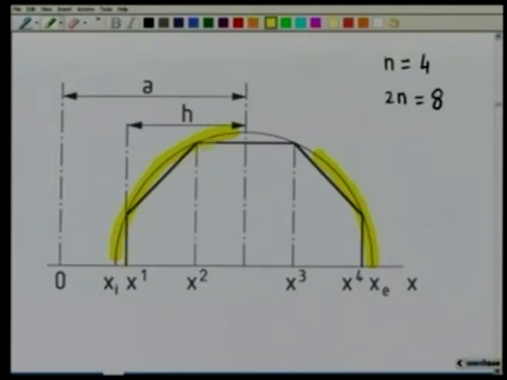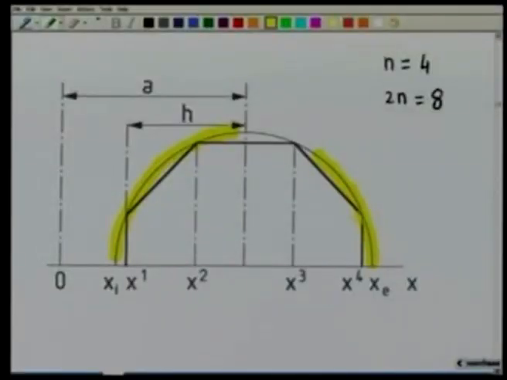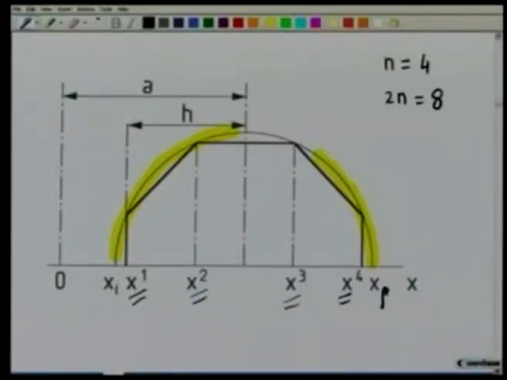We inscribe an octagon with 2 sides perpendicular to the x-axis. Then the projection of these vertices of this octagon automatically determines the Chebyshev's accuracy points, namely x1, x2, x3, x4 in this range from xi to xf. xf is the final value of x, xi is the initial value of x. So, this is nothing but graphical representation of the equation through which we determine the Chebyshev's accuracy points in a given interval.